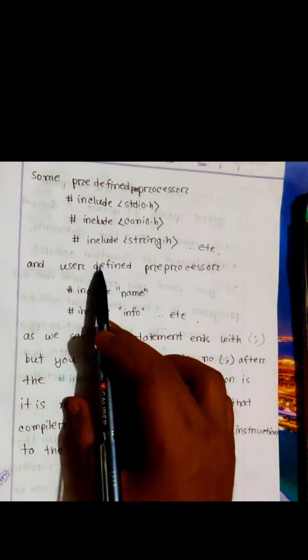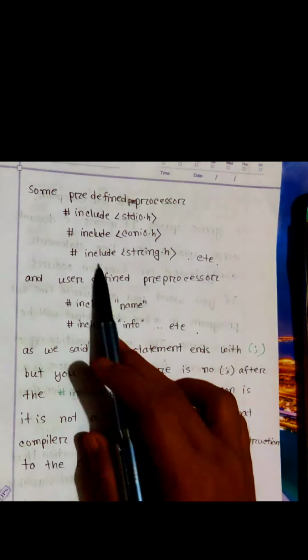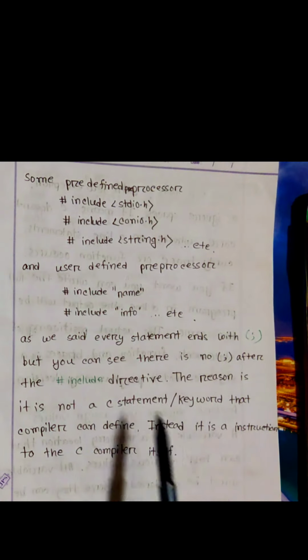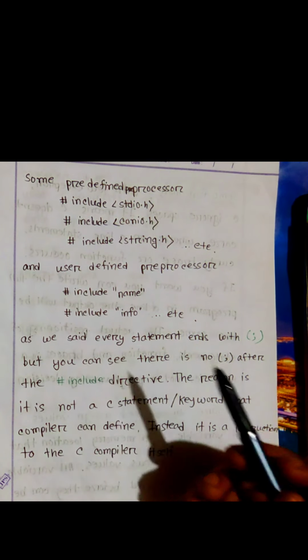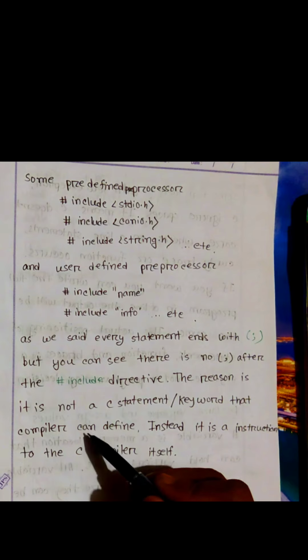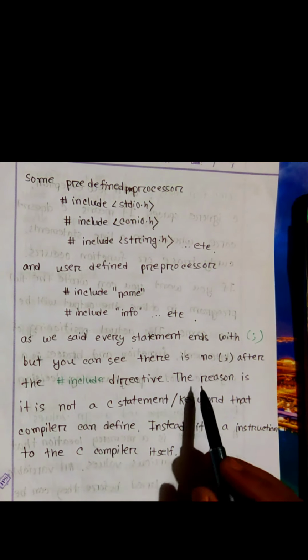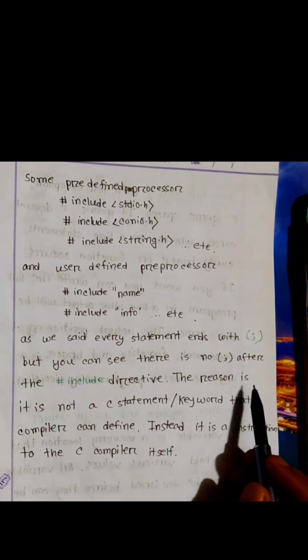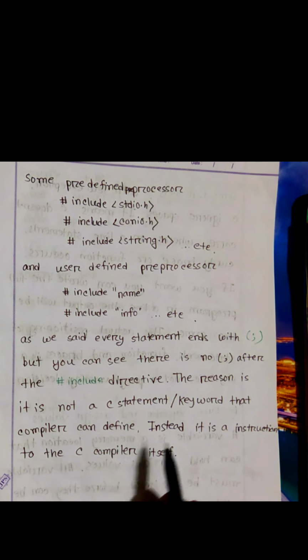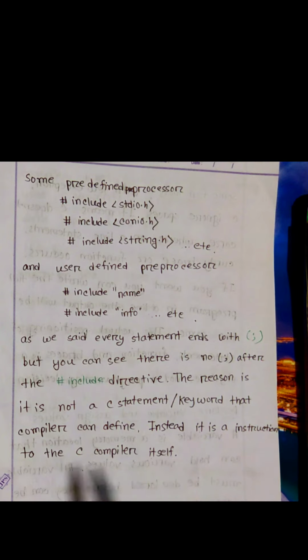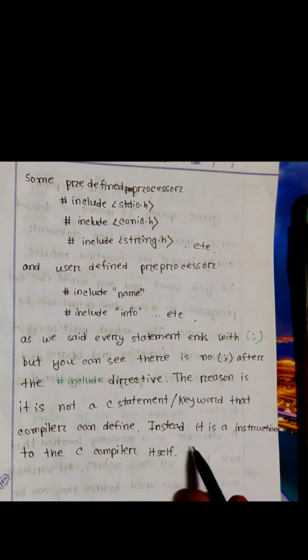This one is not a statement or keyword. I will explain later what a keyword is and how many keywords a C program has. Instead, it is an instruction to the C compiler itself.